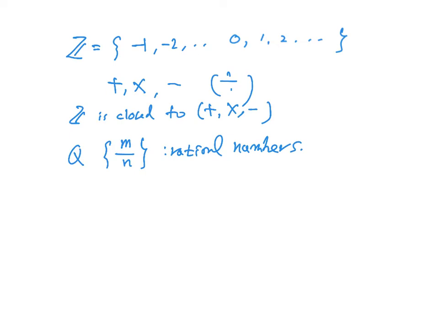On the other hand, the rational number system, so actually this is the first number system which is closed to 4 basic arithmetic operations. So this is the first number system.